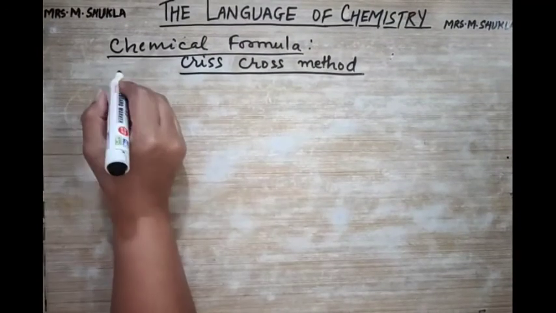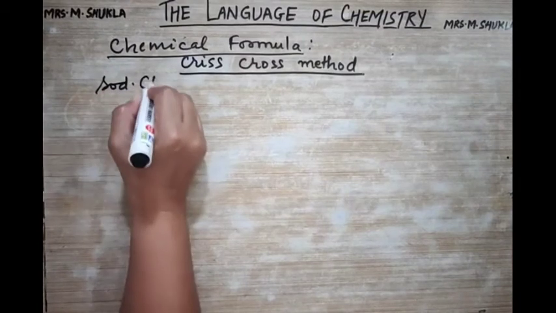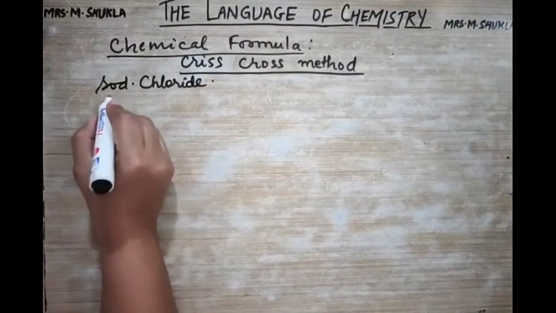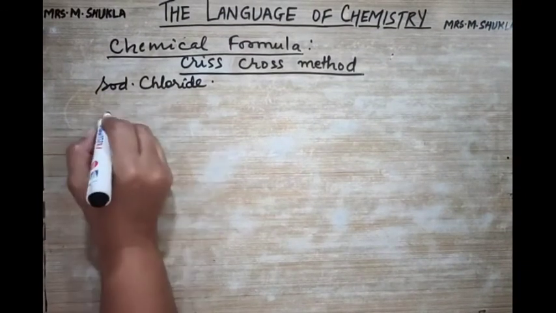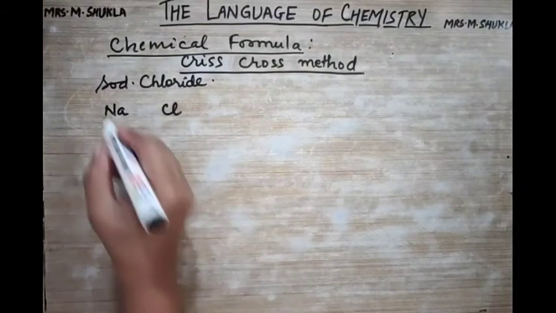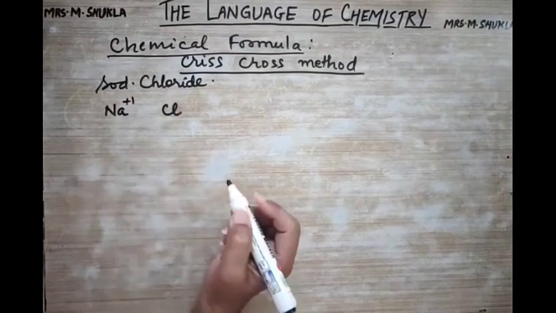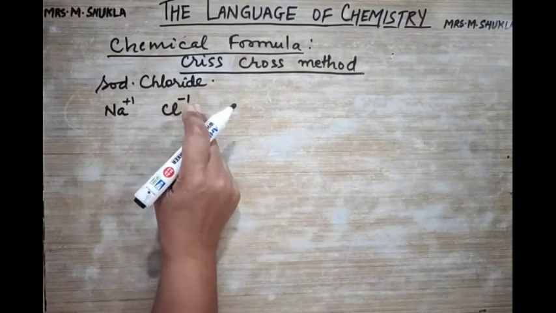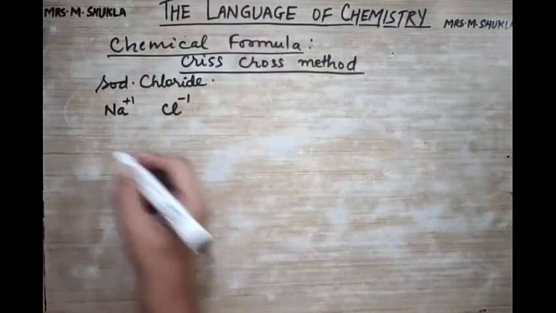Let's talk about sodium chloride. Okay, first we write down their symbols, sodium and chloride. Sodium valency is +1, this is -1. The valencies are written at the superscript. Then what?